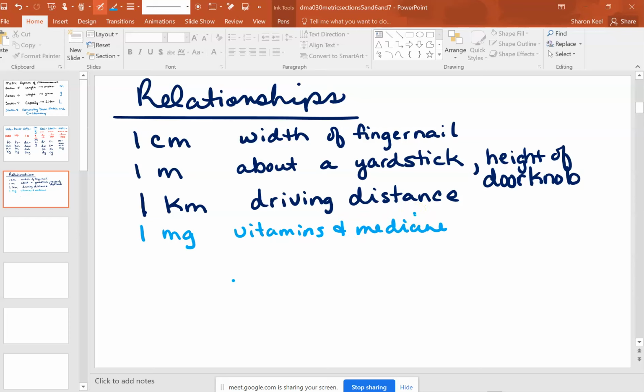You might have a tablet that has 200 milligrams of ibuprofen. So milligrams would be the amounts you would see in very, very small proportions. 1 gram is the weight of a paperclip, and paper clips are pretty light. That would be about a gram.